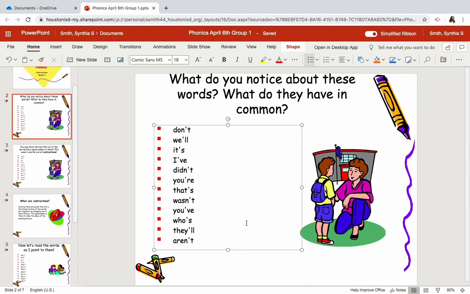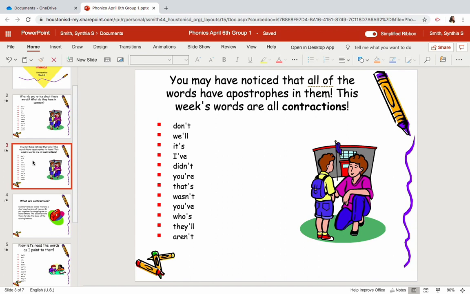Okay? So, every contraction is made up of two words. When we make contractions, we have two words that we start with, and we are taking away one or more of those letters. And when we take away those letters, what do we put in place of it to make the contraction? An apostrophe. Okay, so let's go ahead and read the words for this week's spelling. So read them with me as I point to them. Let's go down here.